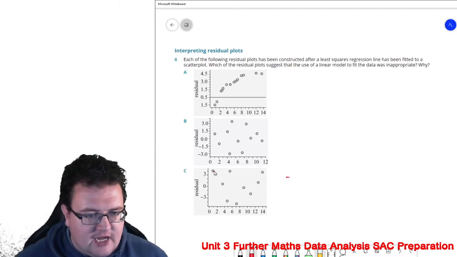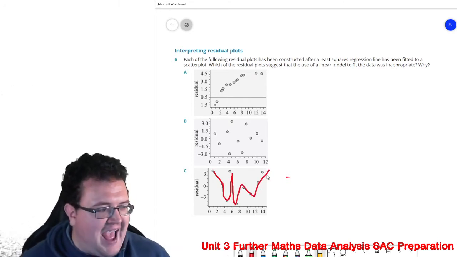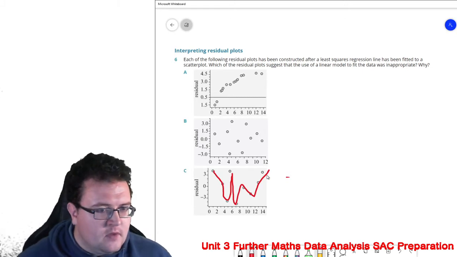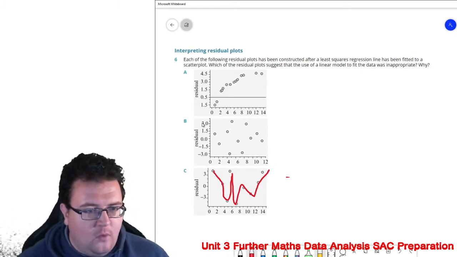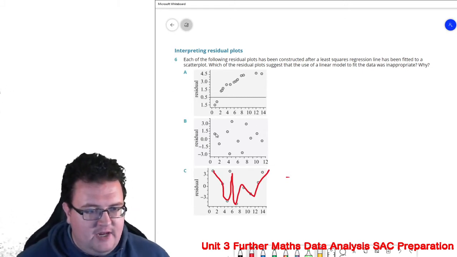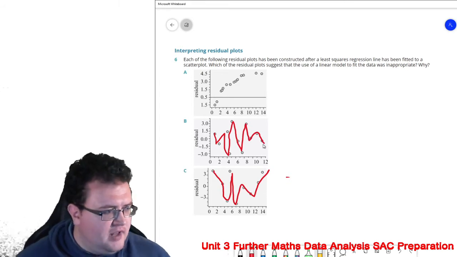Watch what happens to my data. Down, down, up, down, up, down, up, up. There's no pattern there. And the same thing goes for plot B. Down, up, down, up. It's all over the place.